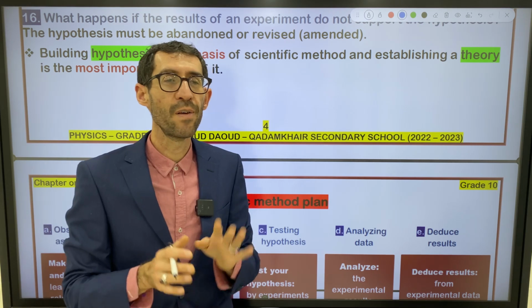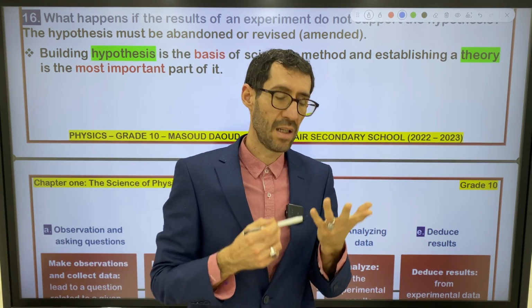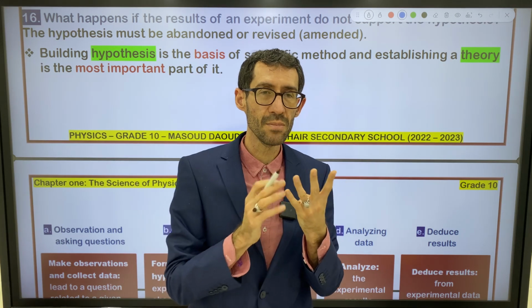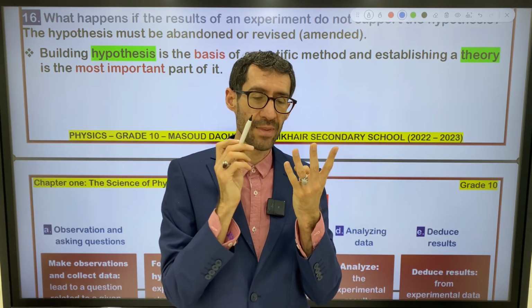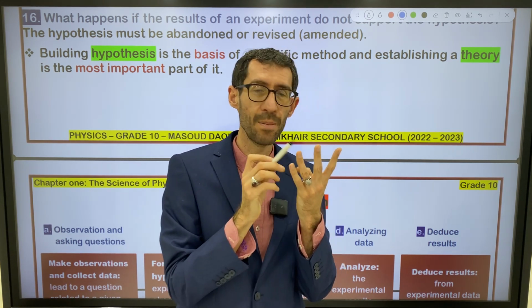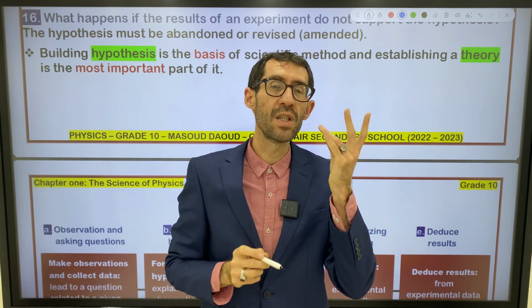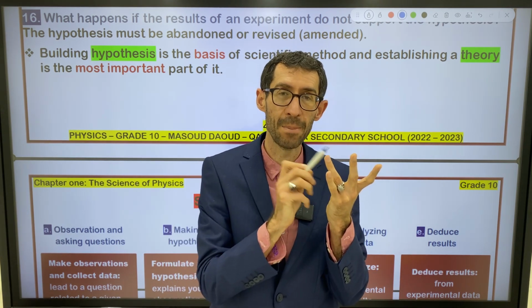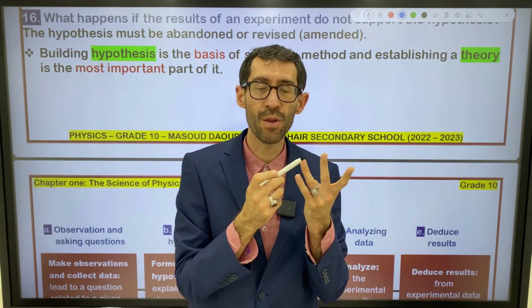Among the 4 steps of the scientific method, the second step and the 4th step are more important than the others. The second one is making a hypothesis, which is the base, the foundation of the scientific method.